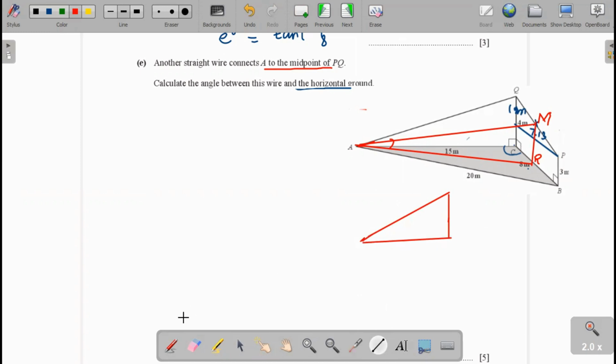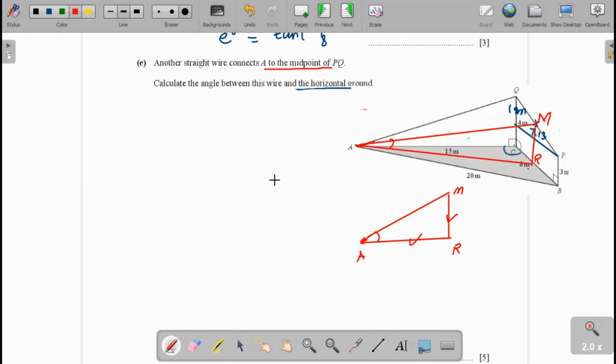I made the triangle here. Now you see here AR and MR. This angle MAR can be found if we find the lengths AR and MR, and then we can calculate this angle.